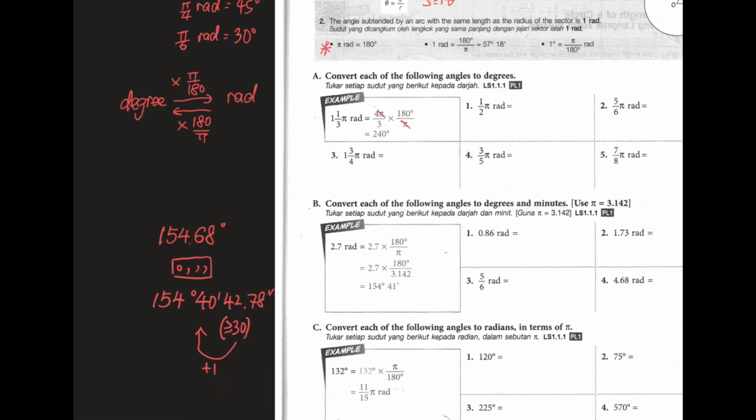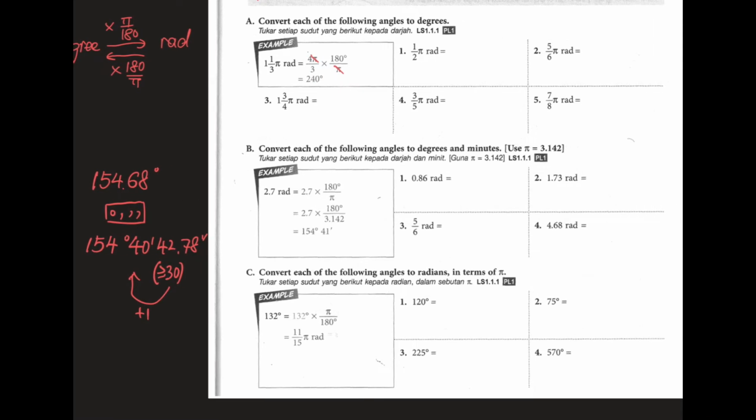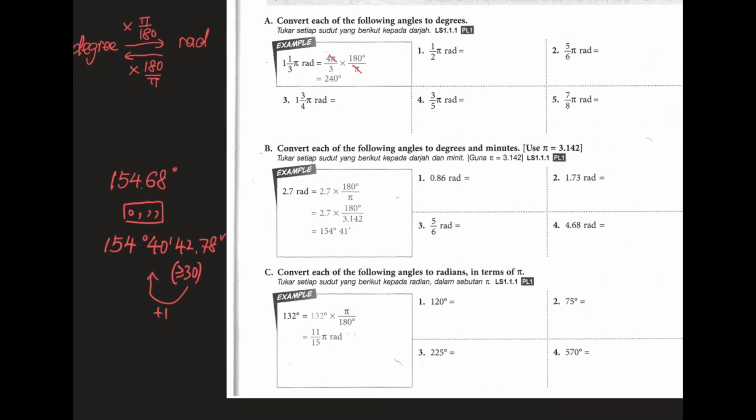So it depends on the question. If the 42 is exceeding 60, then you need to add 2. You mean this value? They won't give more than 60, maximum 59 only. So that's the thing.